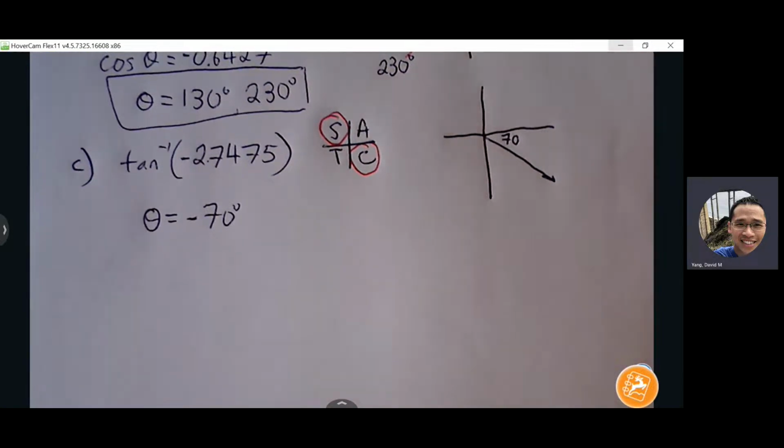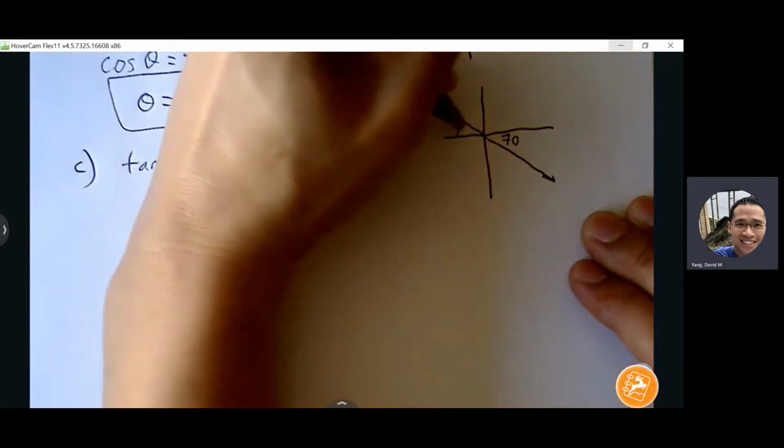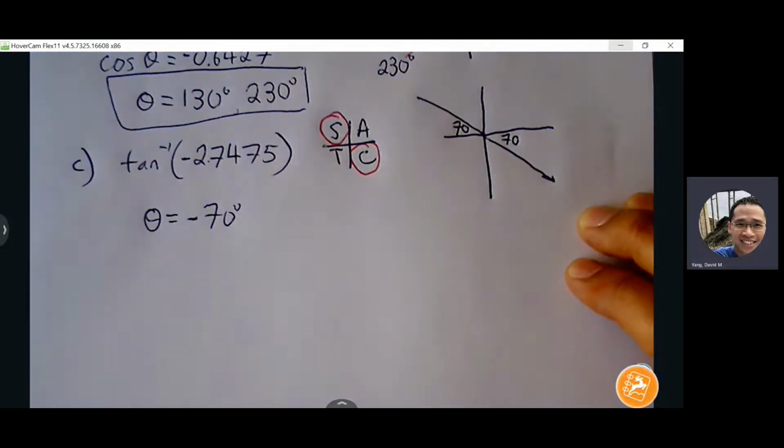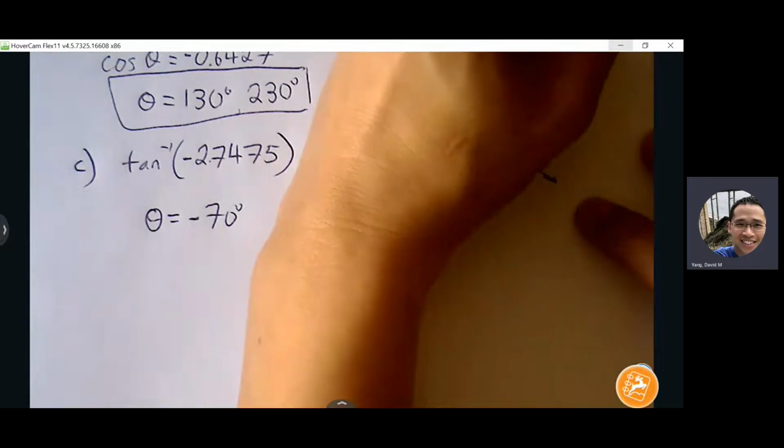But we want an answer between 0 and 360. So we want two angle measures that are 70 degrees away from the x-axis. How do we find the one in the fourth quadrant? Good. 360 minus 70.